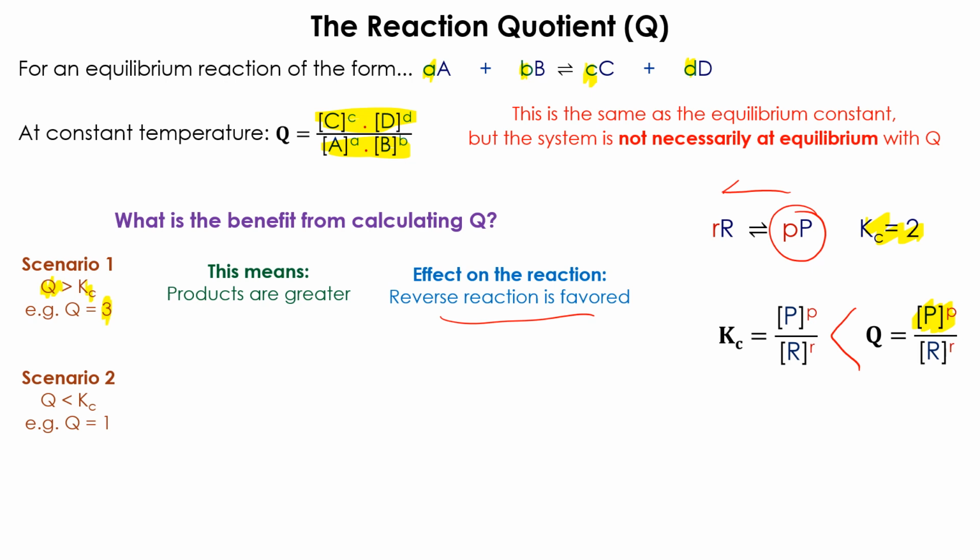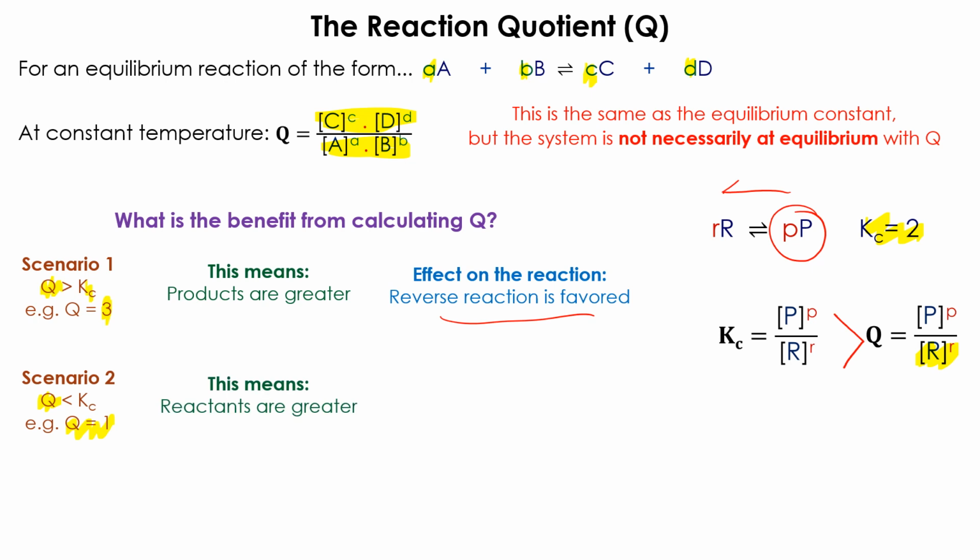Scenario number 2. What is scenario number 2? If we are given, as you can see here, Q is equal to 1, which means that Q is lower than Kc. What does it mean that Q is lower than Kc? So now we can assume directly that the reactants for this case are greater than the products.